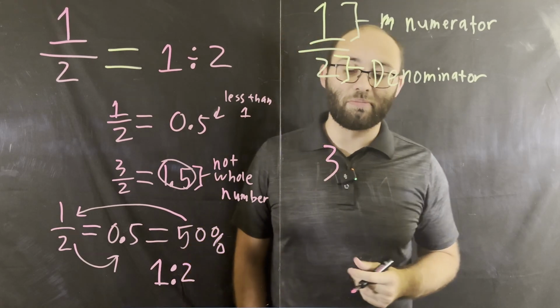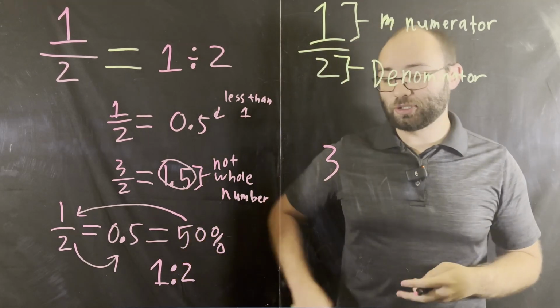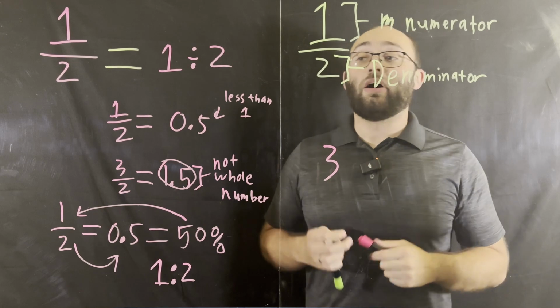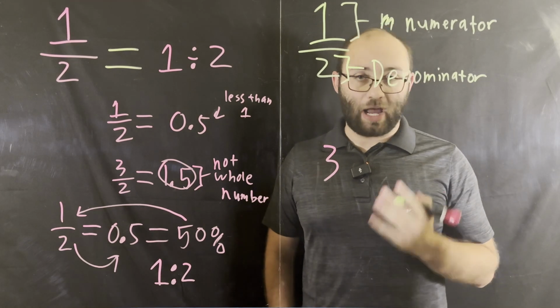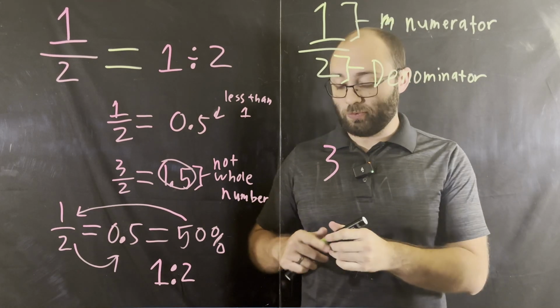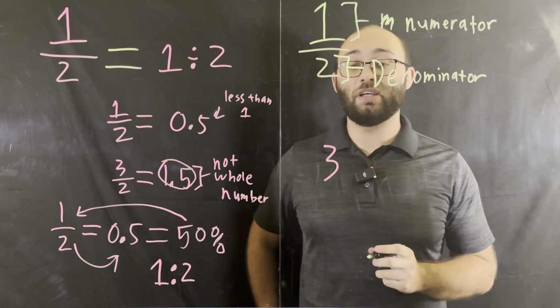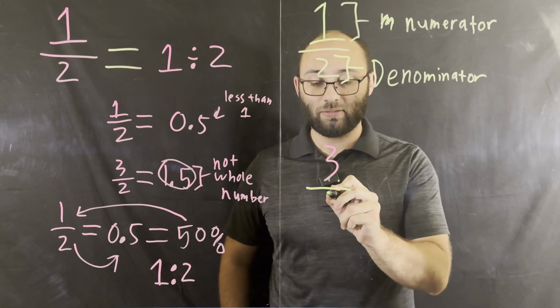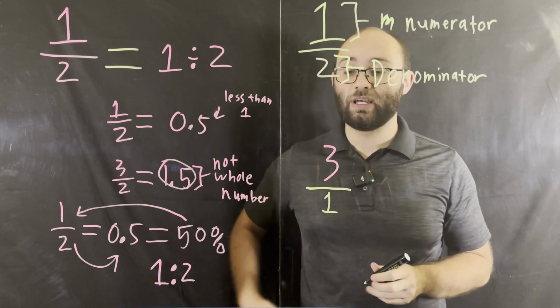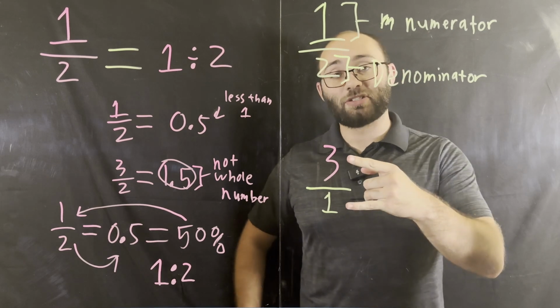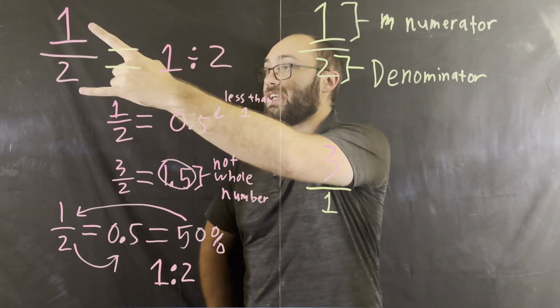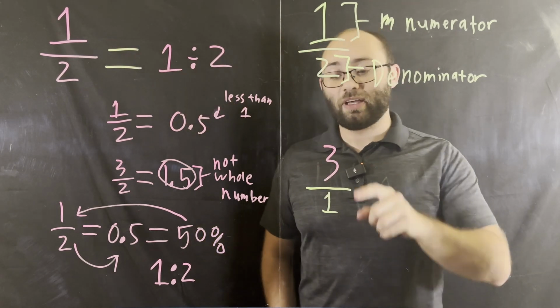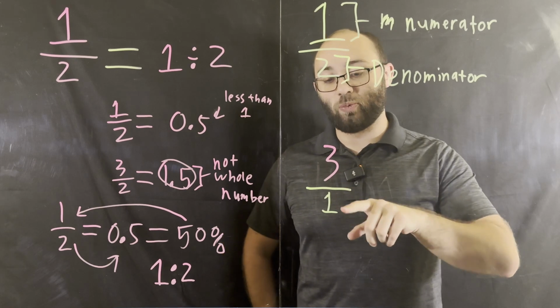Let's say that we have the number 3. Seems like a good number, right? All numbers are secretly fractions. How we can change this into a fraction is by simply dividing it by 1. This looks like a fraction, doesn't it? It kind of follows the same general trend as that one over there, but instead it's 3 divided by 1.